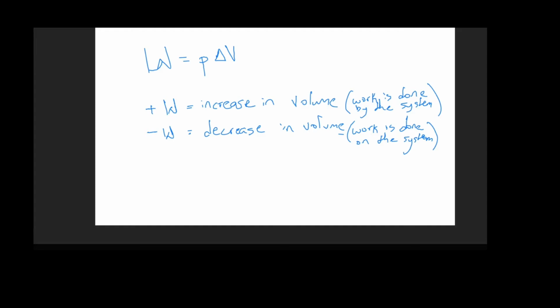What's happening to the gases? If we have an increase in volume, then the gases get energy and they're pushing on the containers to get more space. So by the system is the gas pushing on the containers. On the system is the container pushing on the gas particles to get them closer together. So hence the volume decreases.